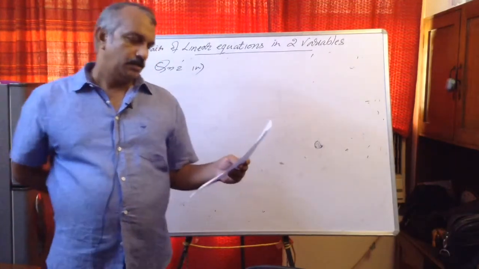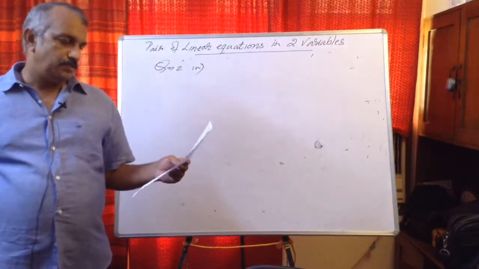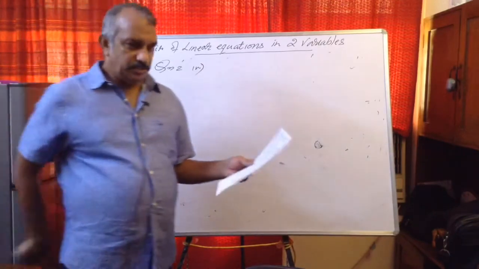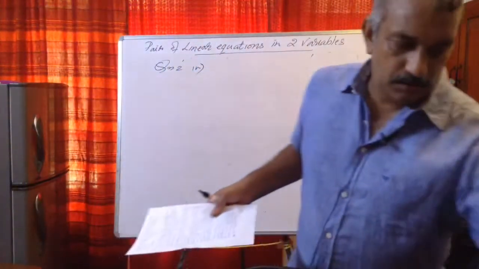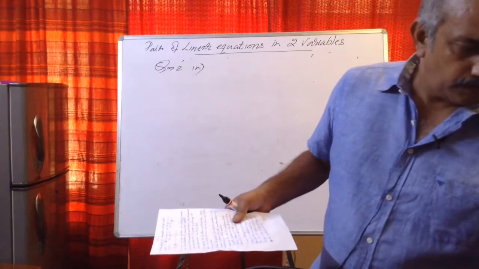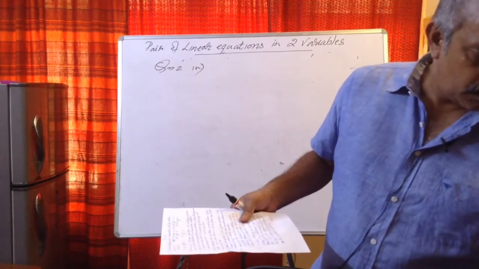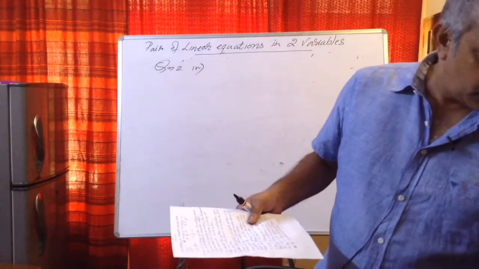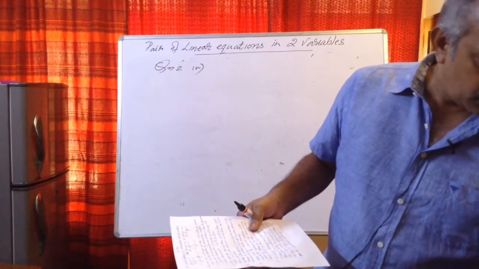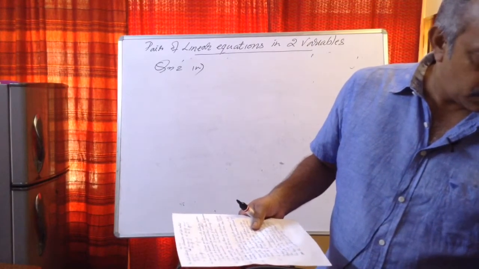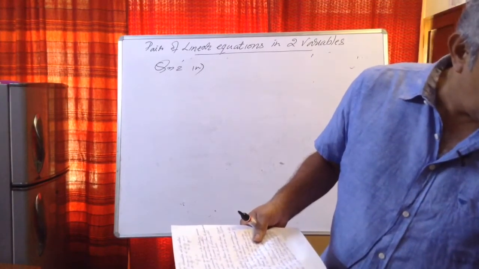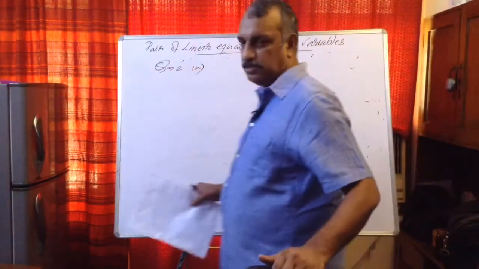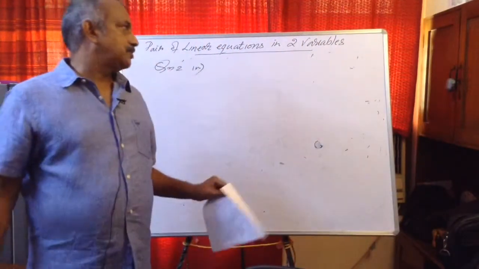So total 2000 rupees she withdrew. Let me check once again whether it is 2000 or 20,000. So she withdrew rupees 2000.